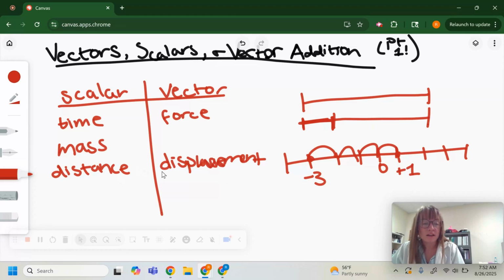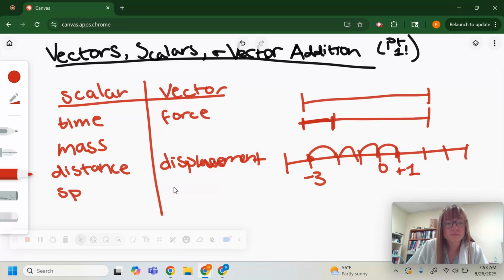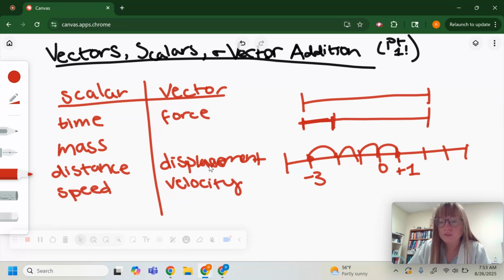There are other scalars and vectors, which we also pay attention to, namely, the two important ones for today are speed and velocity. We will talk way more about speed and velocity about 2 videos from now, but for today, the difference is that speed is how fast you're going, and velocity is how fast you're going and which direction you're going.